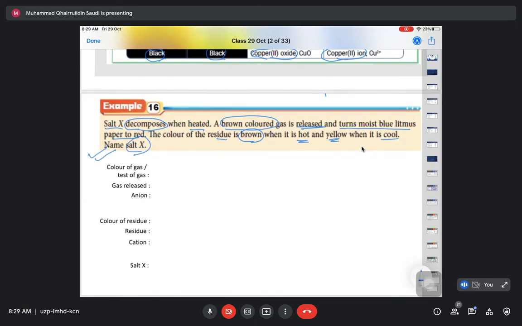The colour of gas adalah, apa colour of gas tadi? Brown. Apa test dia tadi? Blue litmus paper kepada red. Okey, daripada maklumat ini, apakah nama gas kita? What is the gas produced? Lead-2 oxide.